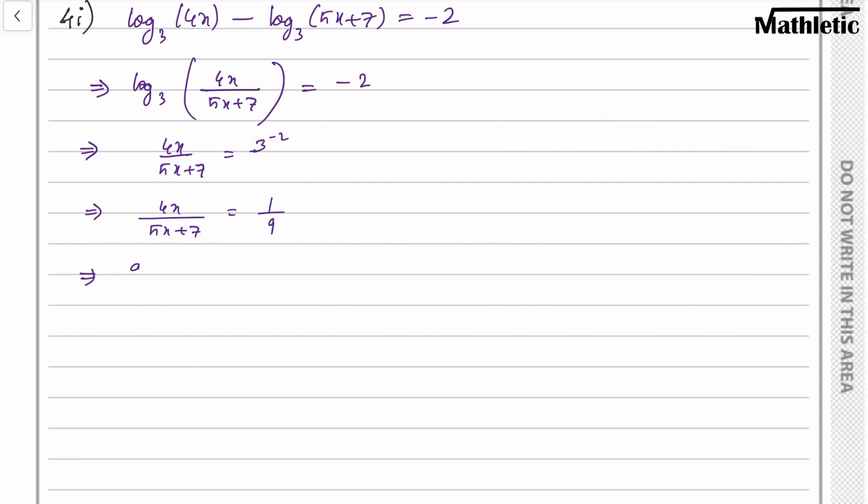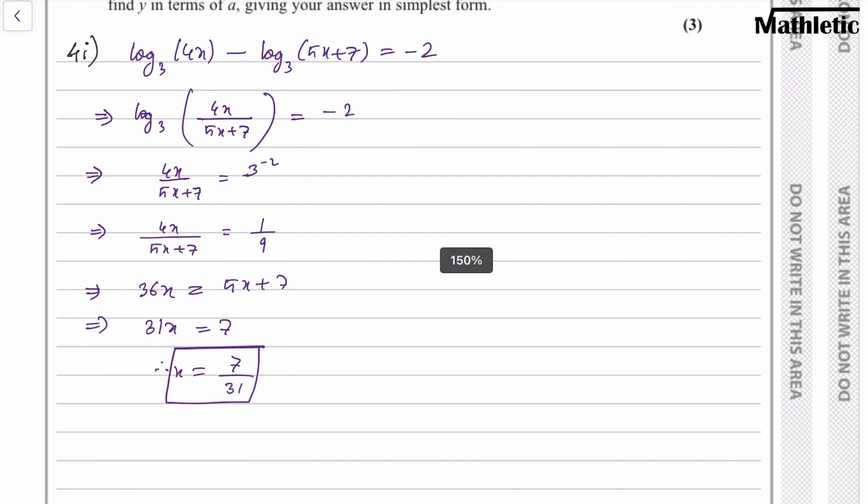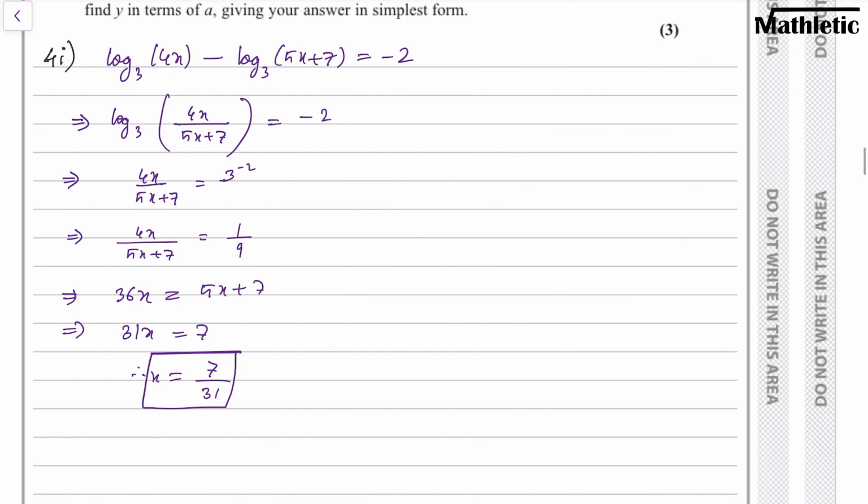So 9 into 4, you get 36x. At the right side, you get 5x plus 7. So 31x equals 7. So x is 7 by 31. So that's 4-1.